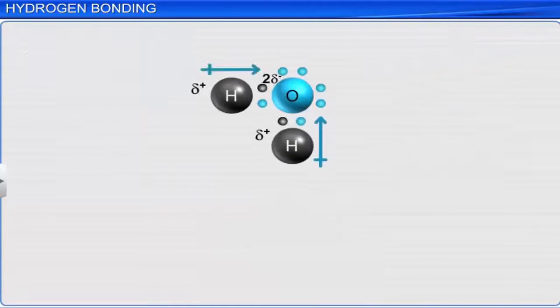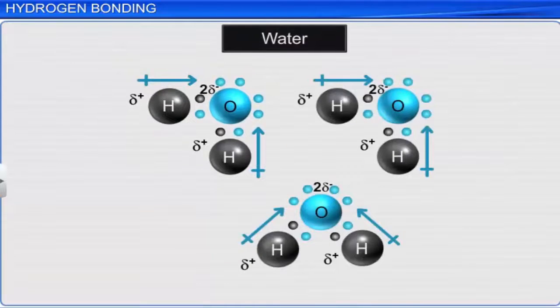When a number of molecules of these compounds are present together, the partially positively charged hydrogen atom of one molecule is attracted to the partially negatively charged electronegative atom of another molecule. This weak electrostatic process of attraction is called a hydrogen bond, which is weaker than a covalent bond.